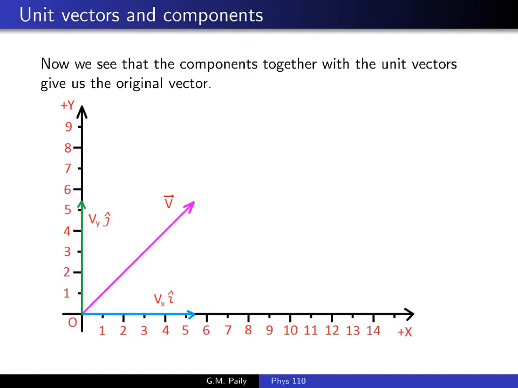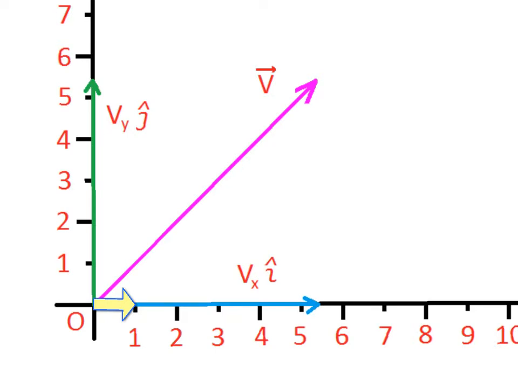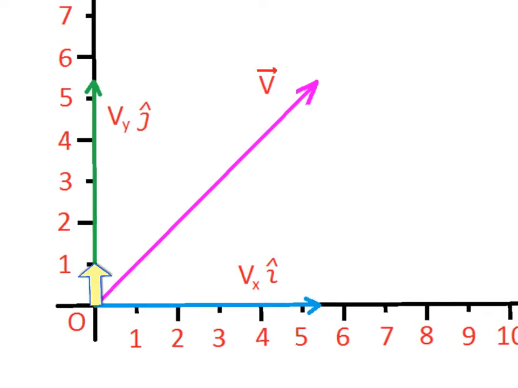What would I hat by itself look like? Zooming in a little, we can see that I hat would just be a vector of length 1. Similarly, j hat would also be a vector of length 1, but pointing in the direction of increasing y. This would be the j hat vector.